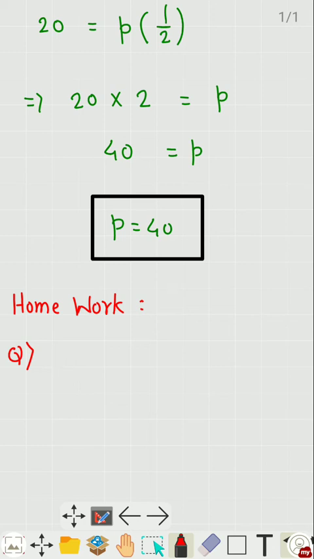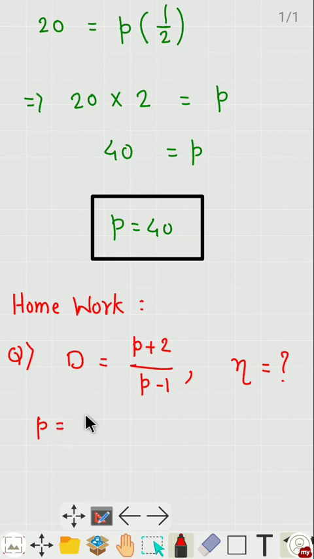If the demand function is given, D is equal to P plus 2 divided by P minus 1, find the elasticity of demand, which means we have to find eta, when the price is 3. This is our first question.